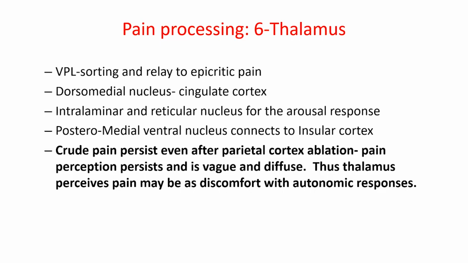Thus, the thalamus is the site where a primitive processing is done, and it is sorted and sent for epicritic, discriminative analysis, and also sent to the cingulate cortex for the affective component or behavioral component, while keeping the individual in an arousal state.